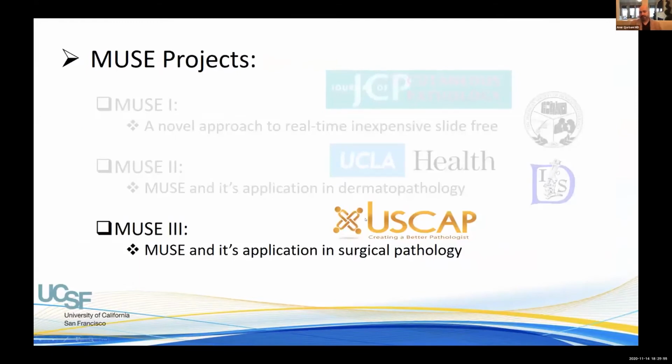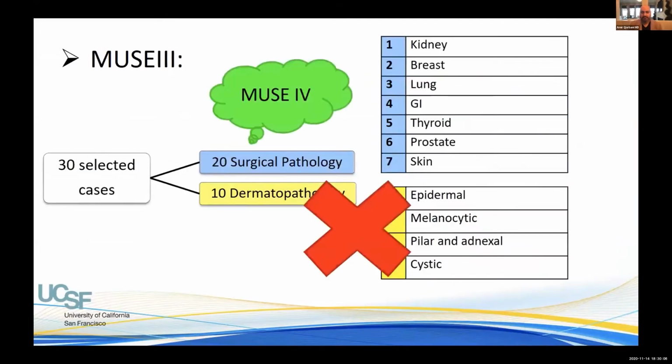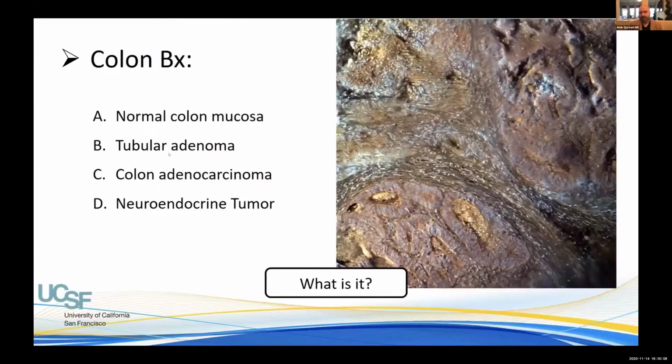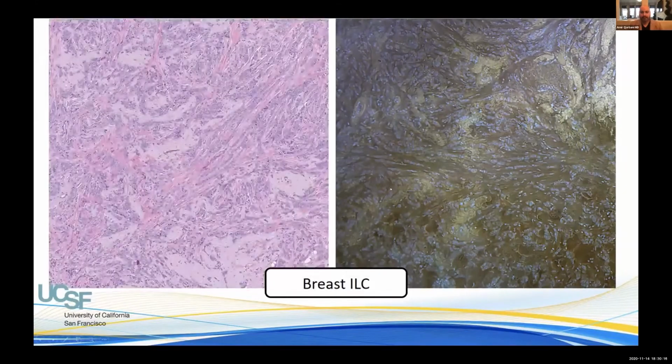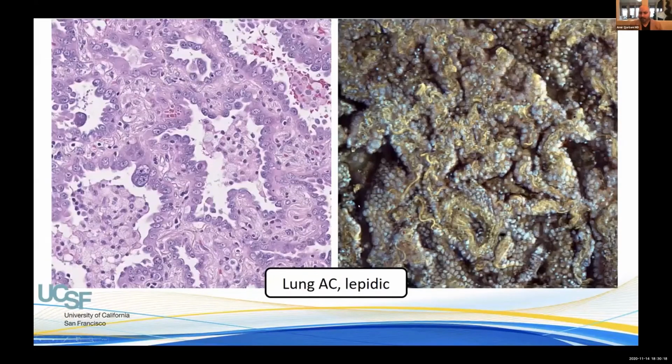Then at the third stage, we wanted to get into a new field, not just skin, to see other surgical pathology. And we decided to sample surgical pathology specimens like colon cancer here, or other ones like breast, here we compare it, lung cancer, small bowel neuroendocrine tumor.